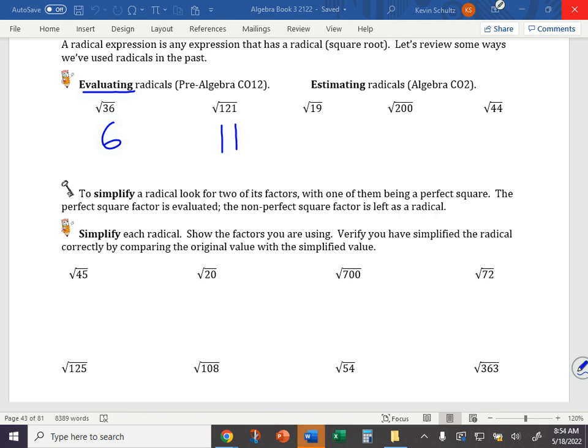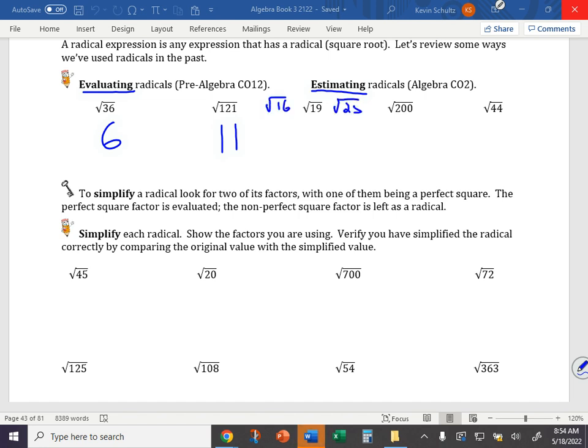Fantastic. When we move to estimating, estimating is when we kind of round. We kind of make a guess. It's not an exact value, but it's close. So in CO2, way back at the beginning of the year, we talked about how to estimate a square root. Who can give me an estimation for the root of 19? Max? 4.5. And how did you come up with that? Well, 16 is really close and it's 4, so I just rounded up a little bit. Sure.